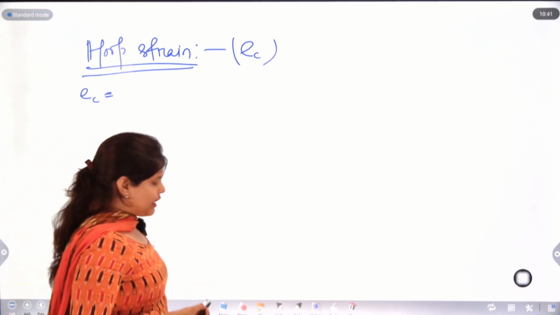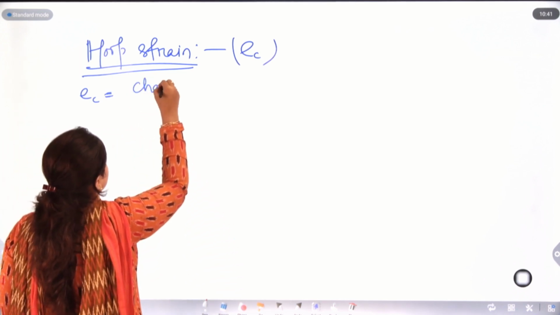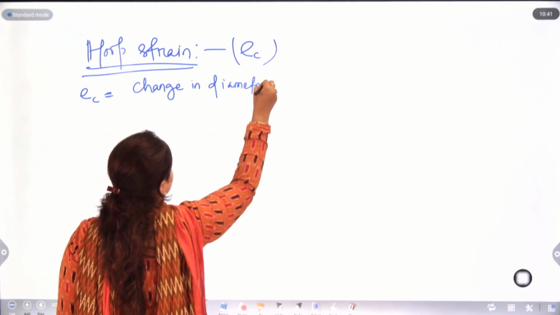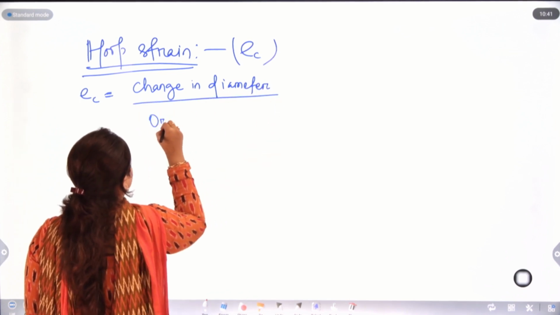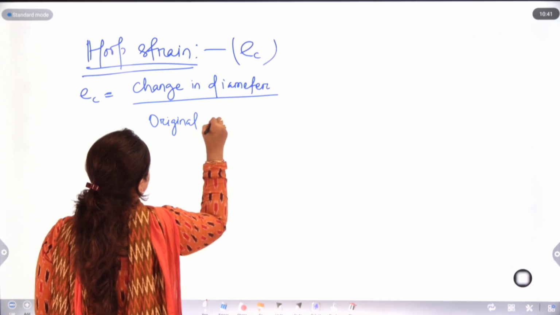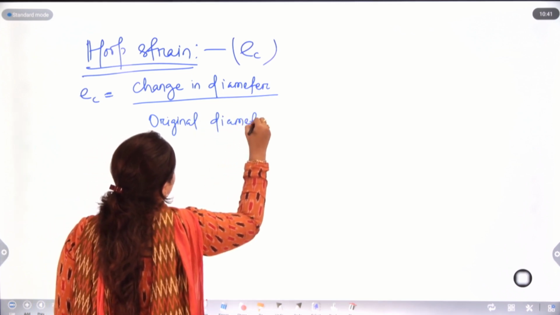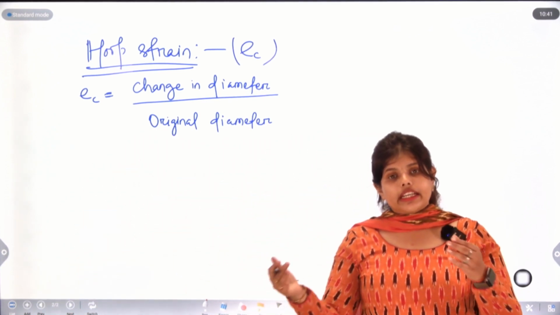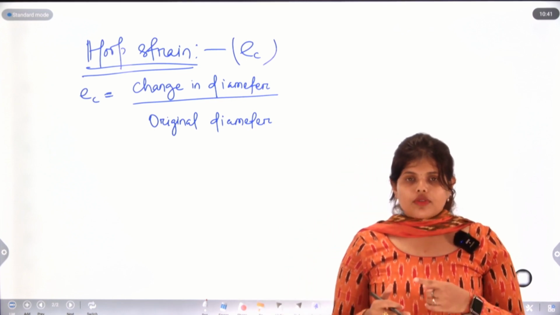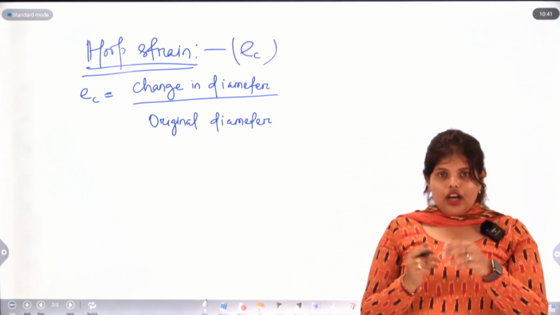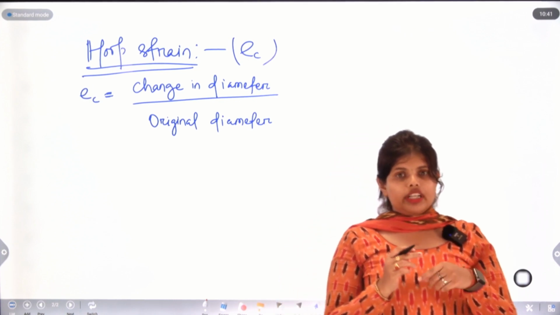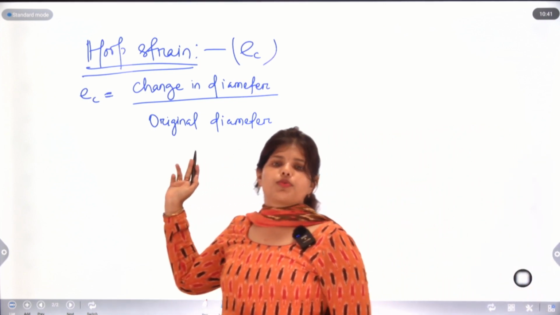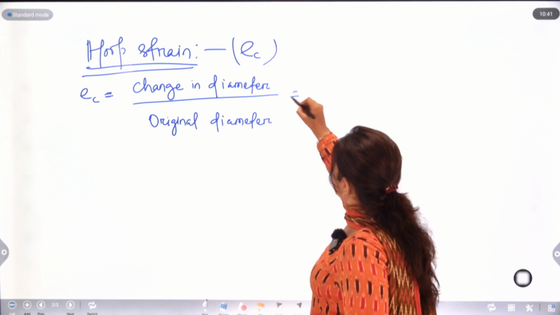So, e c is the change in diameter upon original diameter. We have already discussed that hoop stress acts on the circumference of the structure, so it will affect our radius. So, in case of hoop stress, there will be a change in diameter upon original diameter.